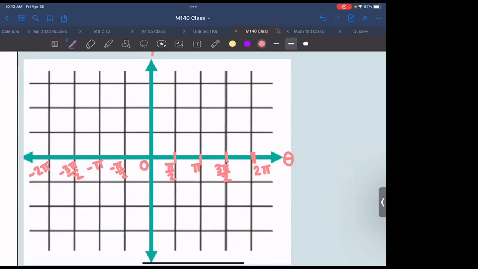What do you think the highest value on the y-axis is going to be? 1, right? Because let's take a look at our unit circle. We have values of x and y, which are our cosine and sine values. And it looks like the furthest out we can go is 1, right? So what I'm going to do here, I guess you can make the very top one be 1.